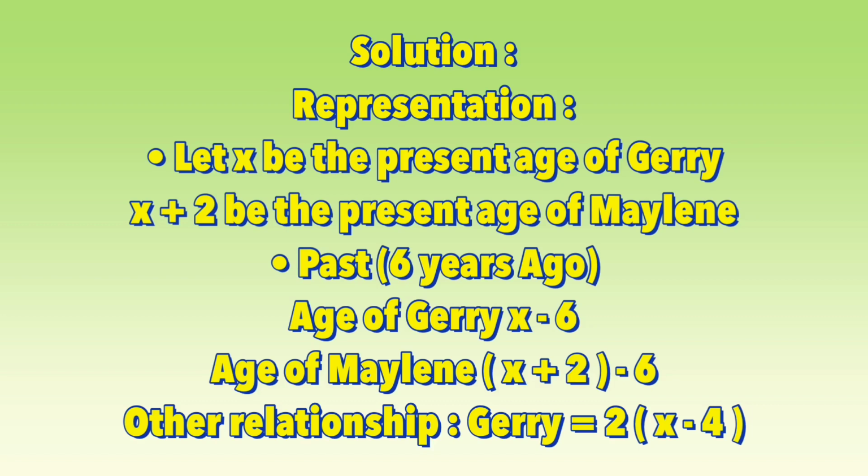And we have to look for the other relationship stated in the problem. Gerry's age is twice Maylene's age. So the age of Maylene, if we minus 2 minus 6, equals negative 4. So our other relationship: Gerry is equal to double the difference of x and 4.